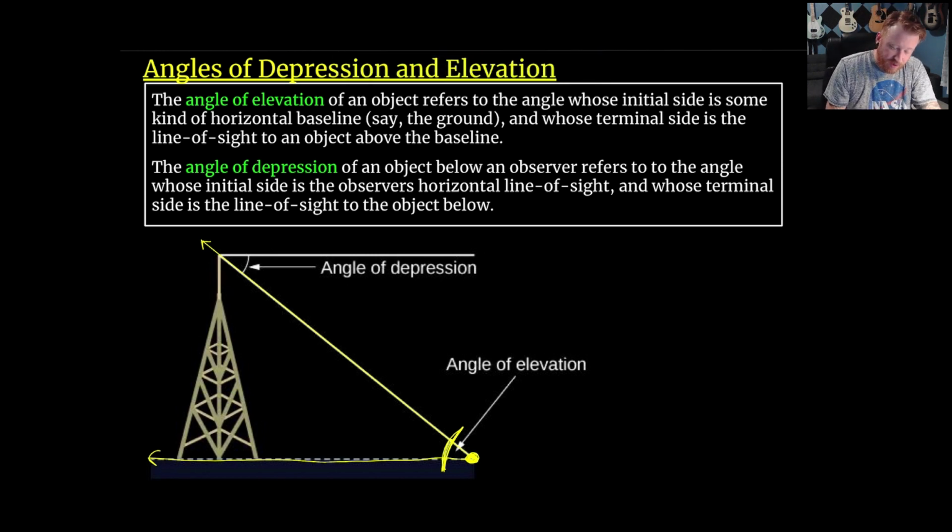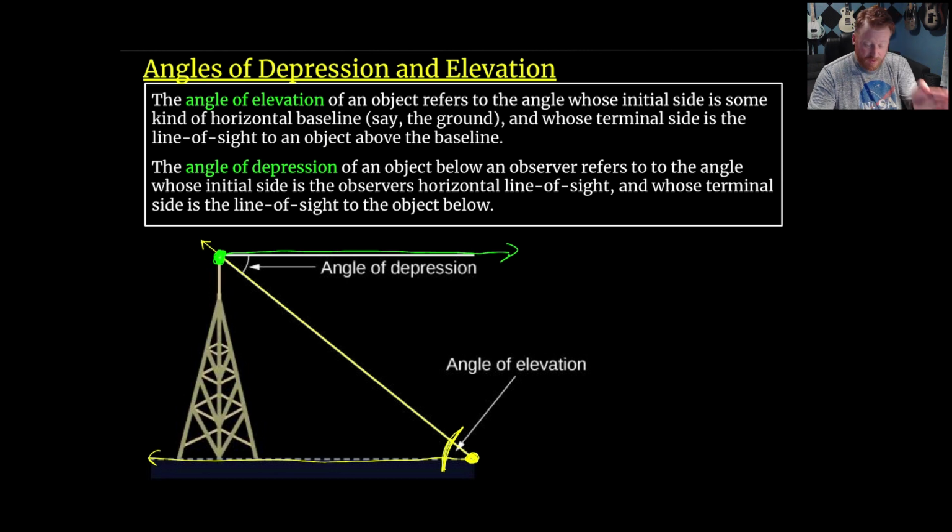Similarly, we have the angle of depression. So now we are no longer on the ground. Now we are up at the top of this building or whatever. We are up here, and our initial side now is not the ground, but it is just our line of sight going out that way, that's supposed to be a horizontal line. I did my best. Oh, I should just sketch it in then. So we get this horizontal line going out that way.